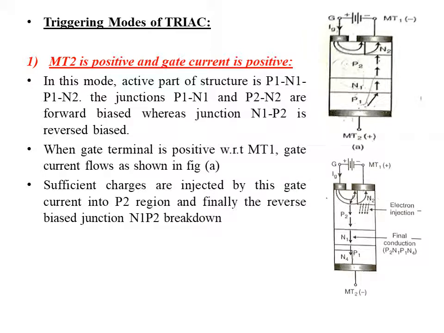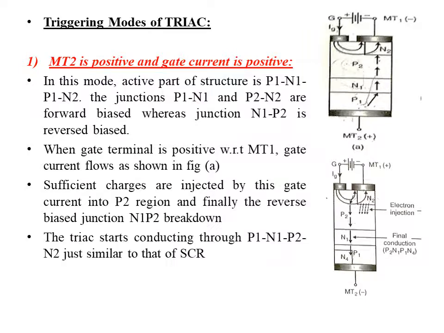Sufficient charges are injected by this gate current into the P2 region, and finally the reverse-biased junction N1 P2 breaks down. The triac starts conducting through P1 N1 P2 N2, just similar to that of an SCR.